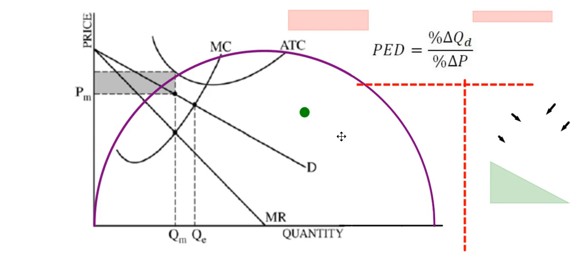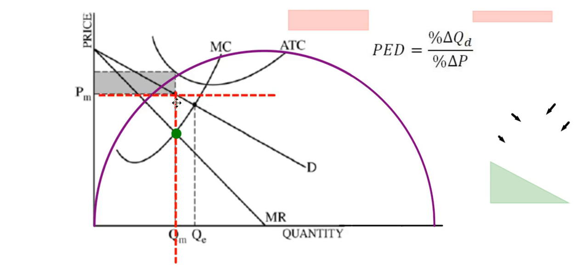And your price is going to be like you always find it. You look at where marginal revenue equals marginal cost. That's where the monopoly is going to produce, QM, and then you would extend that up to your market demand, and that's going to be the price you charge, PM.